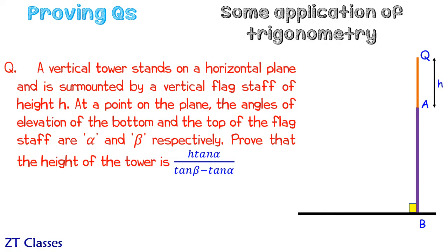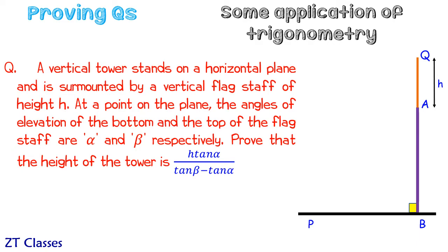At a point on the plane, the angles of elevation of bottom and top of the flagstaff. तो बेटा ये जो पॉइंट है, बॉटम इज A, टॉप इज Q, इनका एंगल ऑफ एलिवेशन फ्रॉम एनी पॉइंट ऑन द ग्राउंड इज alpha एंड beta.